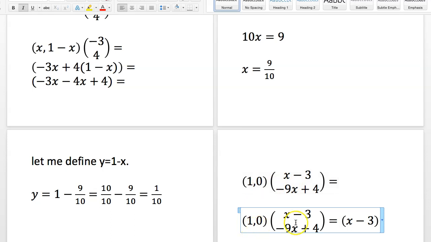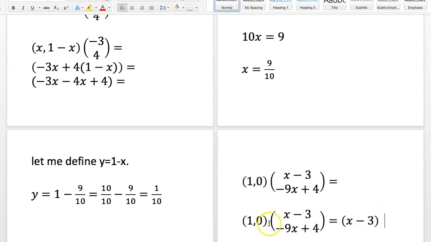But anyway, 1, 0 times this. Now 1 times this is this, and 0 times this is just gone. So 1 times this plus 0 times this. But guys, it didn't really amount to a hill of beans because it's all gone.